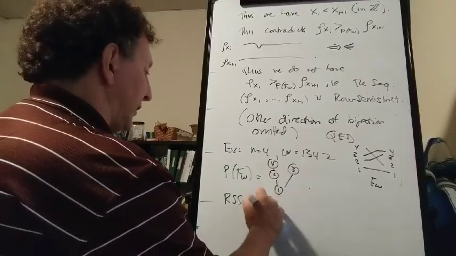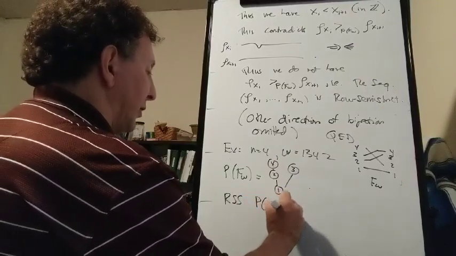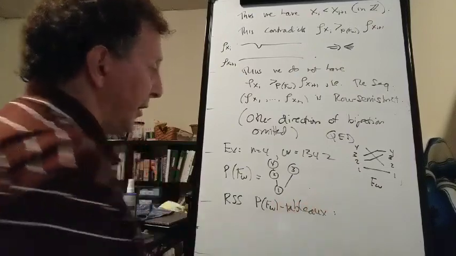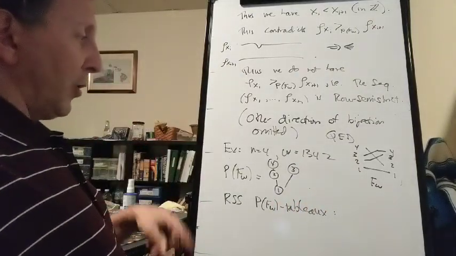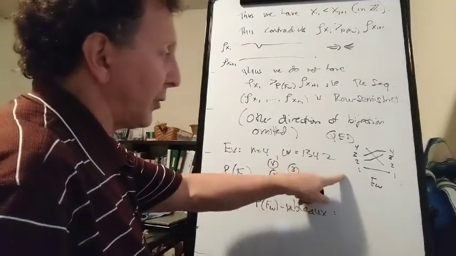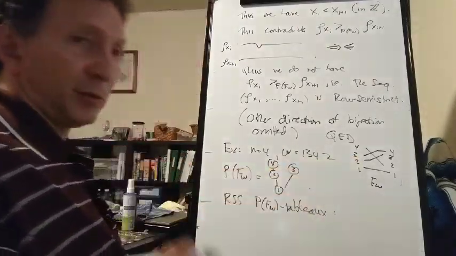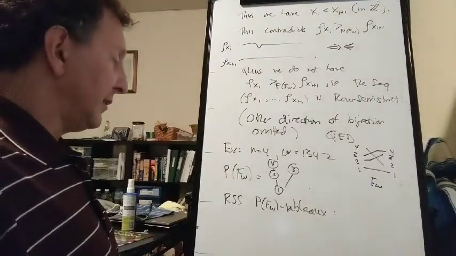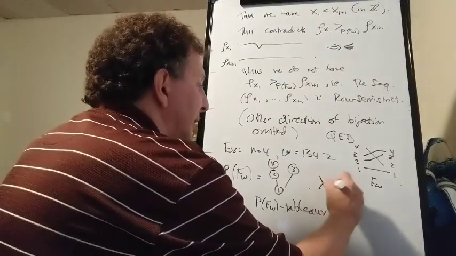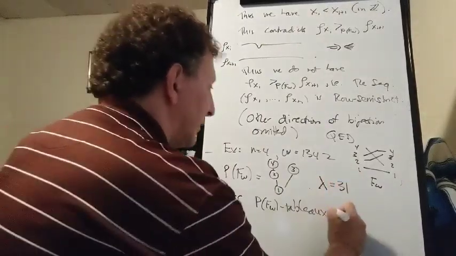So the row semi-strict PFW tableau. Now I don't need to write 1, 1, 2, 2, etc. because now we're only looking at paths that go from source i to sink i. The source and sink index are the same. So we have, oh, let's do lambda equals 3, 1 like before.